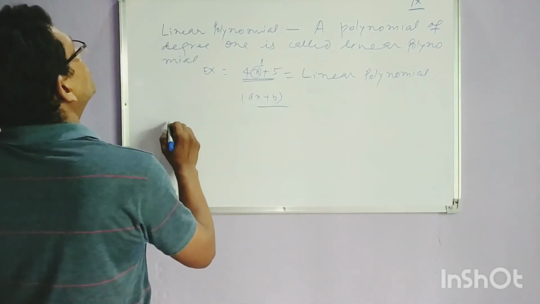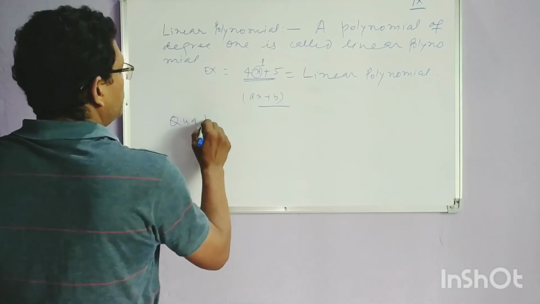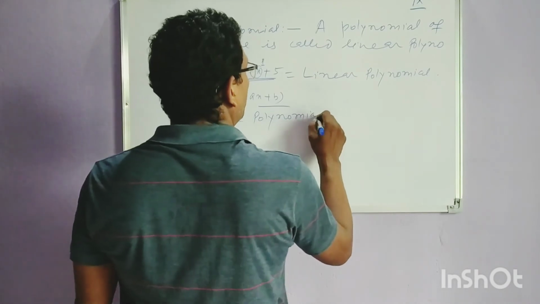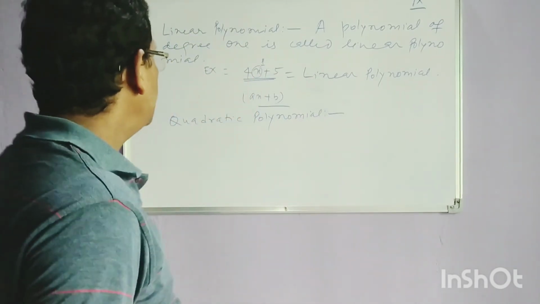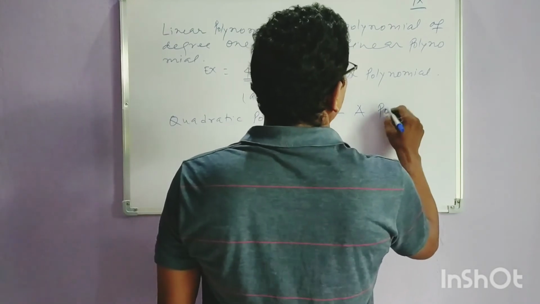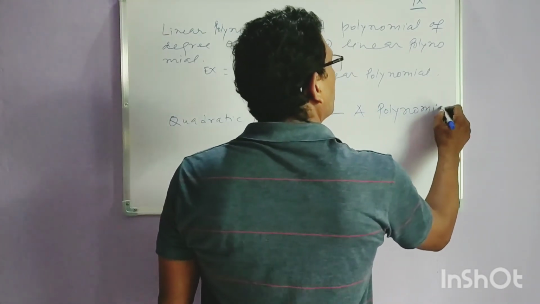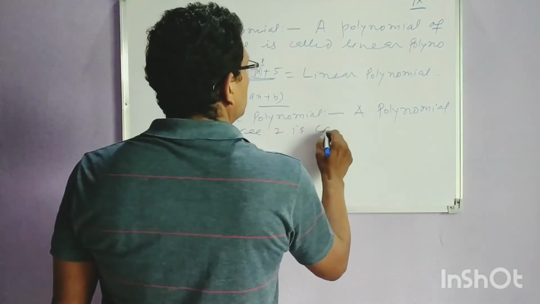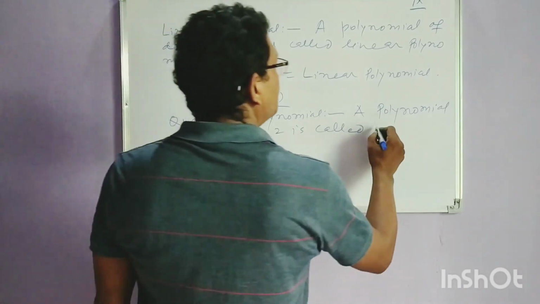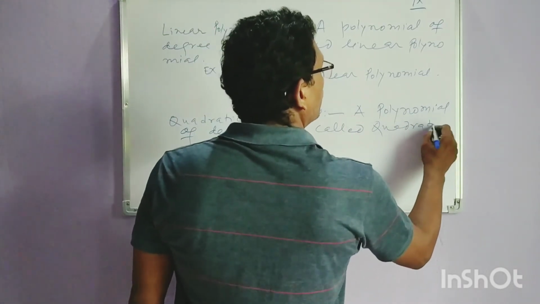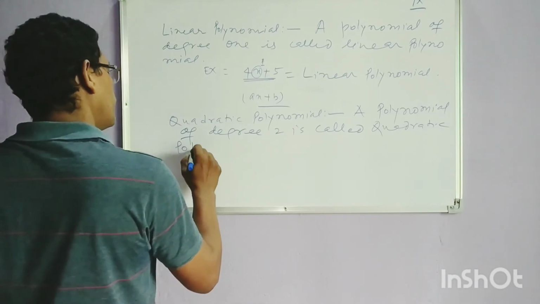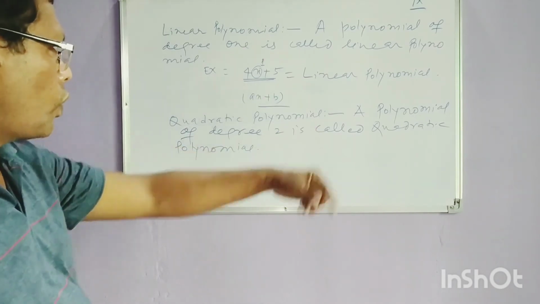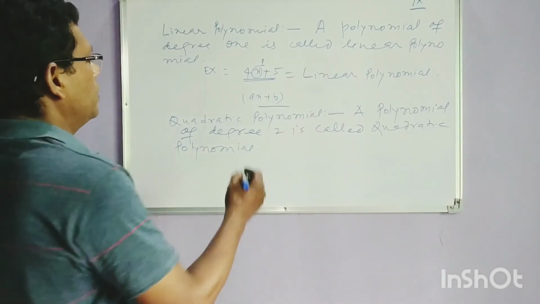Now come to quadratic polynomial. A polynomial of degree 2 is called quadratic polynomial.